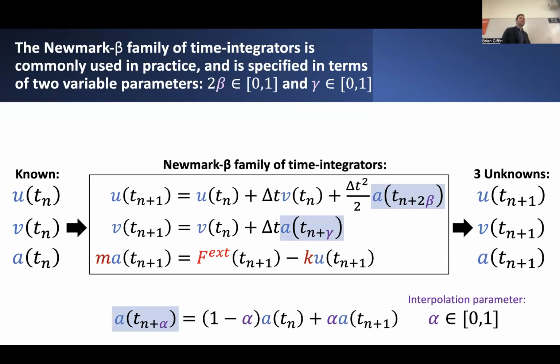It is one of the most common time integration procedures that relates, again, some of these existing variables, let's say acceleration and velocity, in order to update the velocity and displacement at some new time step.